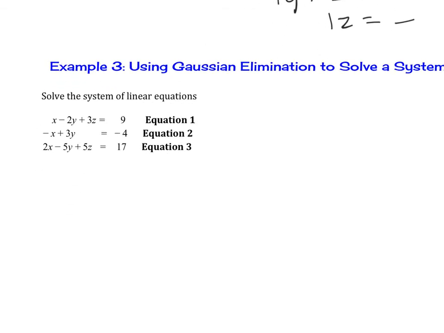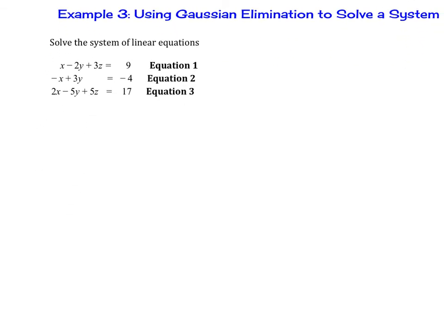Here we have x minus 2y plus 3z equals 9, and then negative x plus 3y equals negative 4, and 2x minus 5y plus 5z equals 17. Normally, you'll see it written like this, and it's helpful so you know where your equations are. We're going to keep equation 1 on top. It already has a leading coefficient of 1.